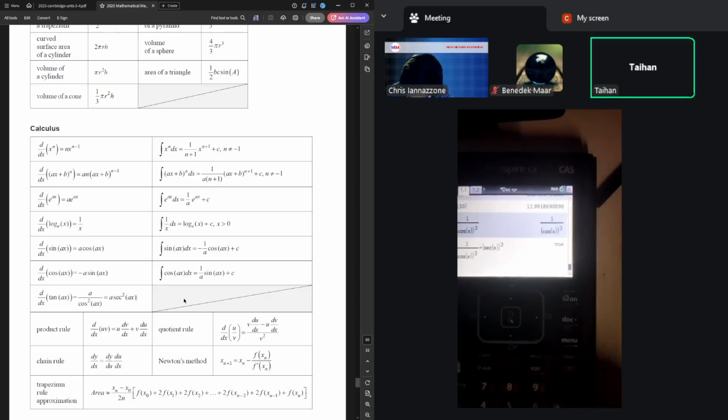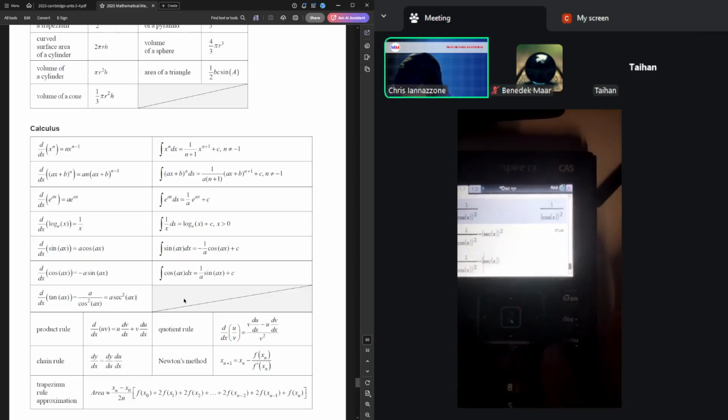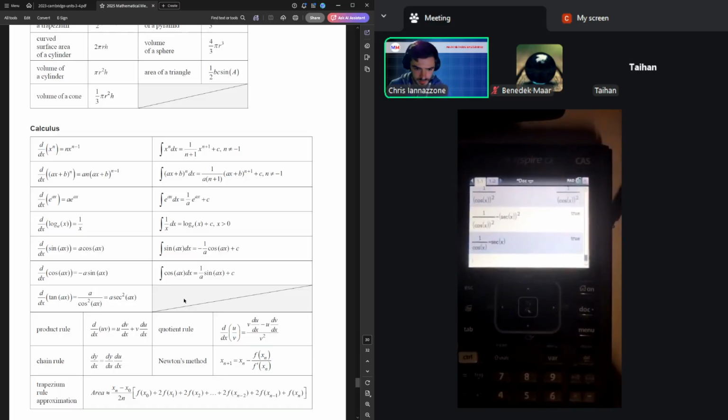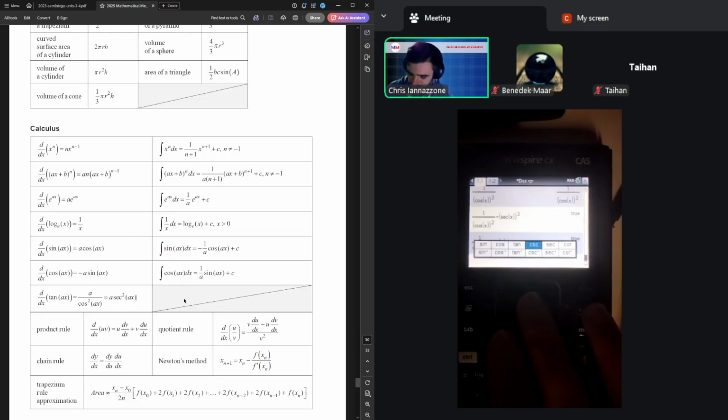Okay. Let's prove that by killing these squares, and you can still see it'll show up as true. So secant is the reciprocal of cos, cosec is the reciprocal of sine, and cotangent, I think, is the reciprocal of tan.